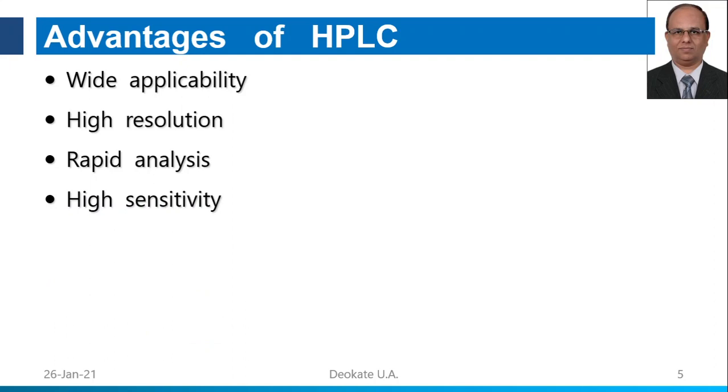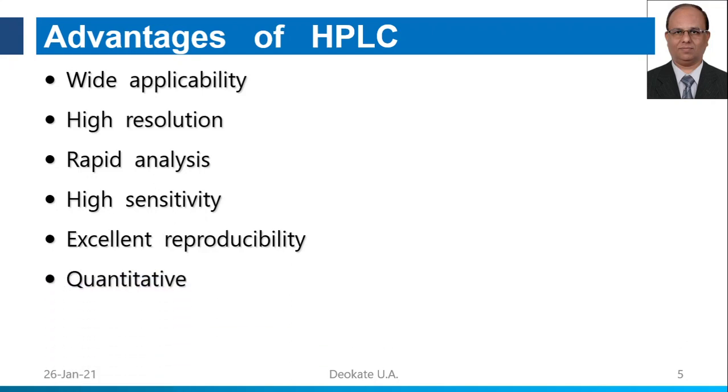High sensitivity, that is, a very small quantity of sample can be analyzed by using HPLC. It is having excellent reproducibility. Every time you may get the same Rf value, that is the indication of HPLC. It can be used for quantitative analysis.